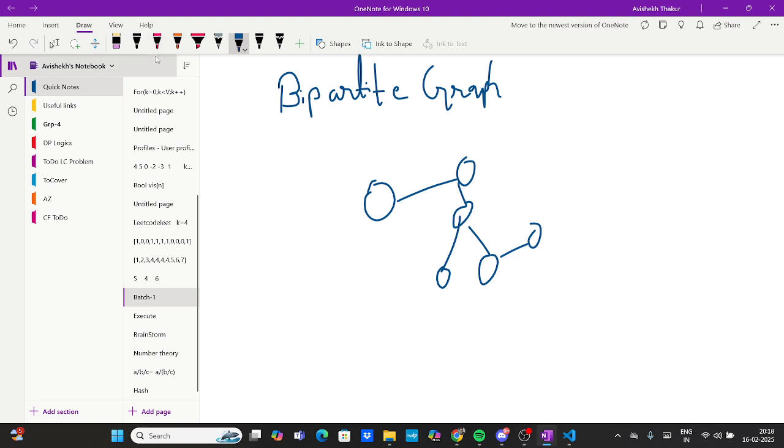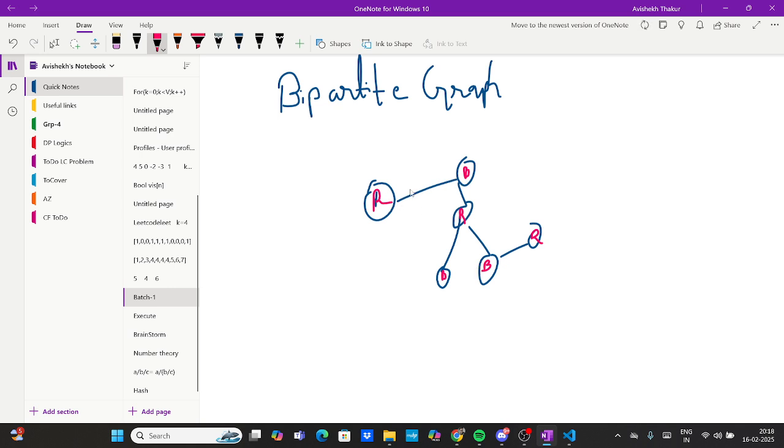So in this case I can color this with red, blue, red, blue, red. Can you see it's a bipartite graph because I am able to color this perfectly?